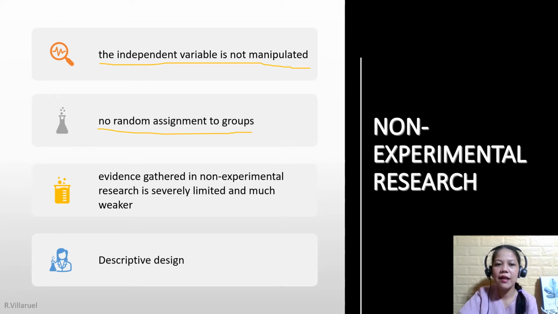At dahil wala ngang random assignments, sinasabi na ang evidence gathered sa non-experimental research ay limited at weak. And then the last one, sometimes non-experimental research is also called descriptive designs.